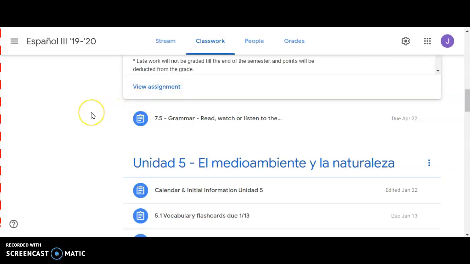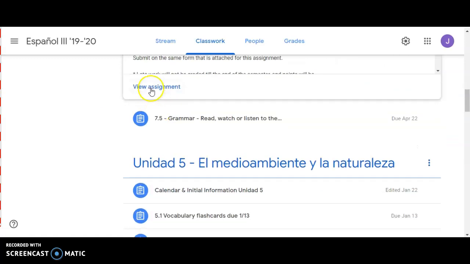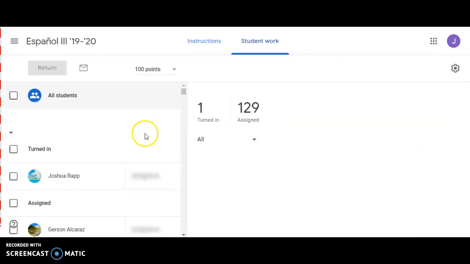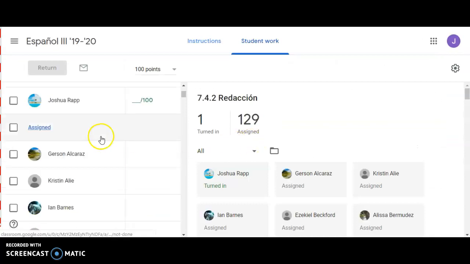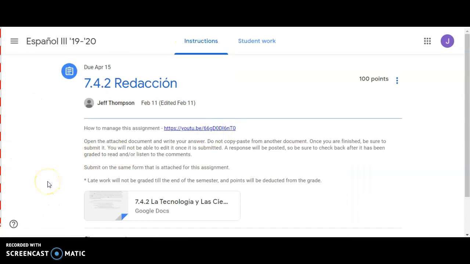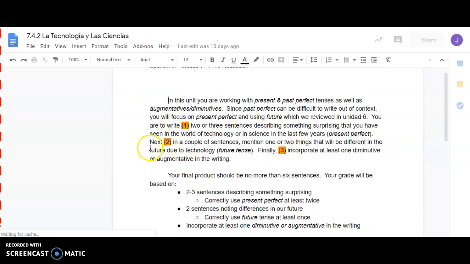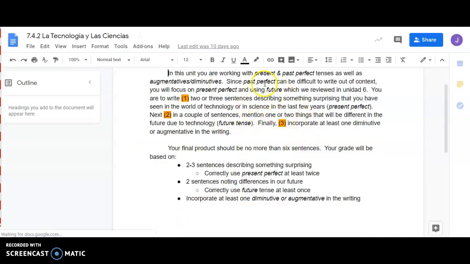The writing assignment this month is the last writing assignment, which I'm sure everyone will be very excited about. Since our grammar for this month is present and past perfect, I've mentioned that past perfect is so difficult to write out of context.